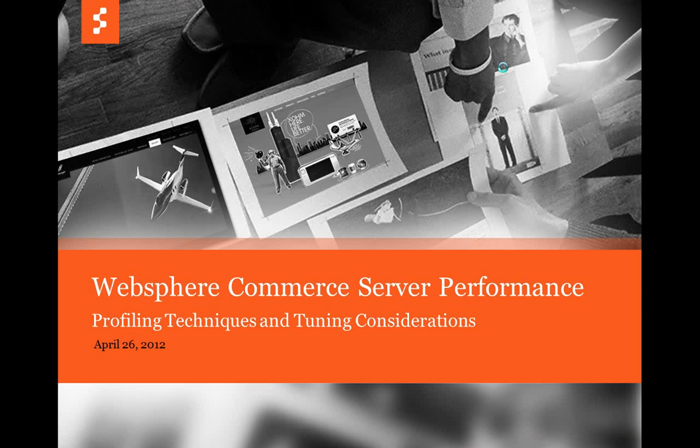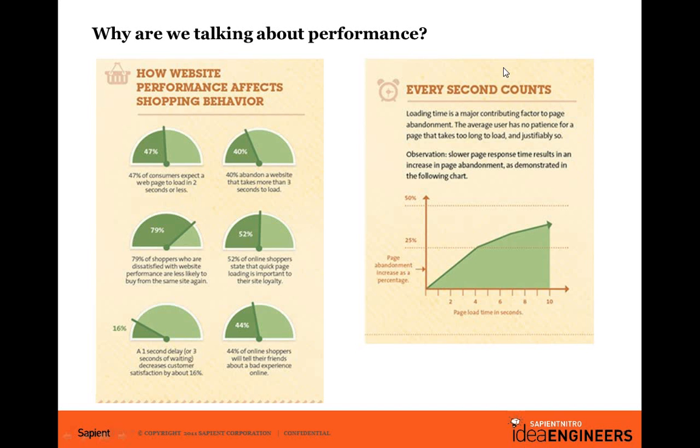Okay, so let's start talking about why we are even talking about performance. This is a recent study conducted by Forrester for Akamai. Akamai is one of the leading content delivery networks, on how performance affects shopping behavior. If you look at it closely, as I was staring at this, a few things became very evident.